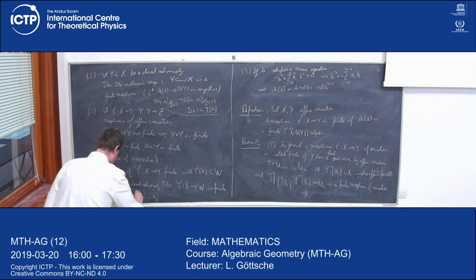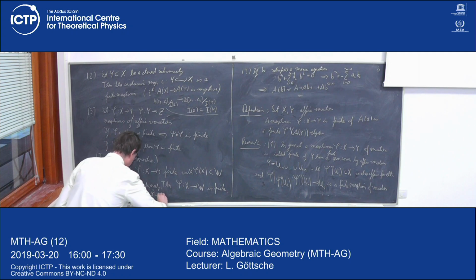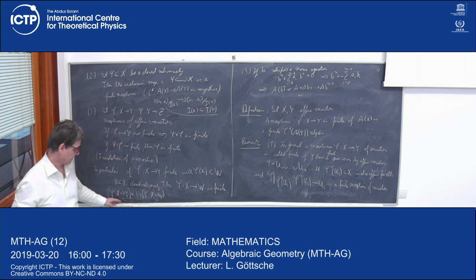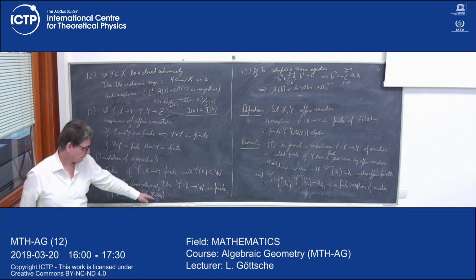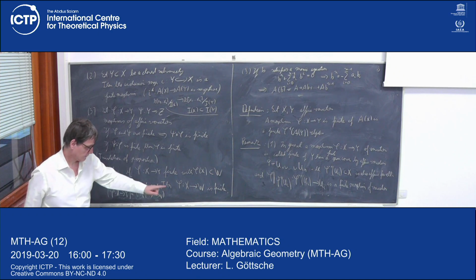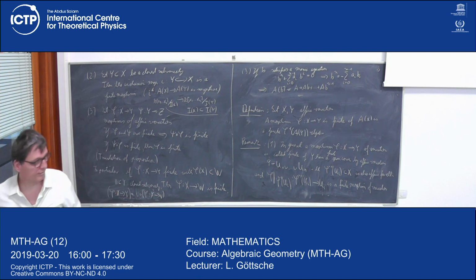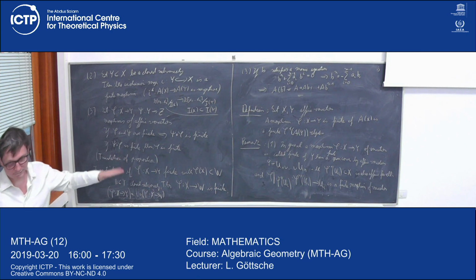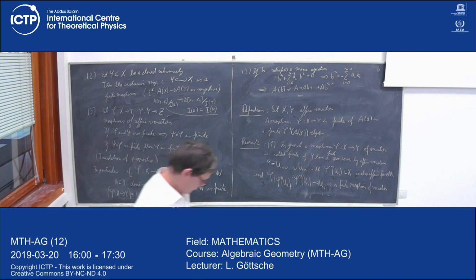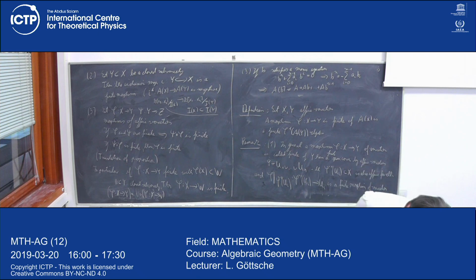So we have the inclusion composed with phi from X to W. And so if this composition was finite, then also the first map is finite. So these are all trivial things, but it's nice to know that we will need to use this without any hesitation.